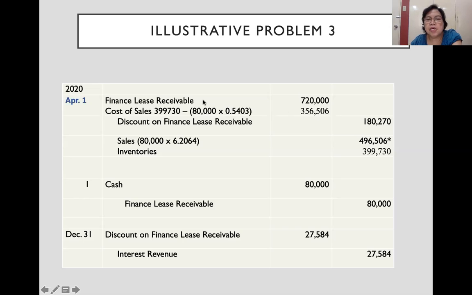So what will be our entry? Debit finance lease receivable is still a total including the gross amount of the unguaranteed residual value. Credit sales only at the present value of the periodic payment. So in this case, it's 496,506.